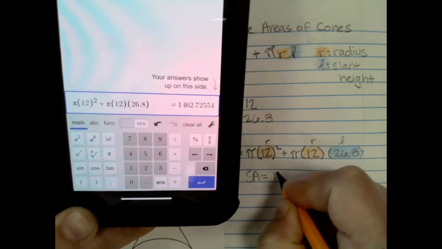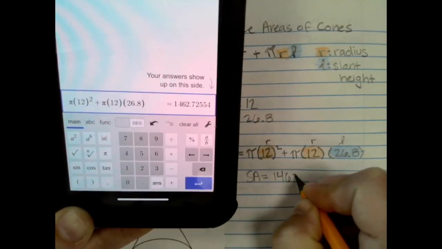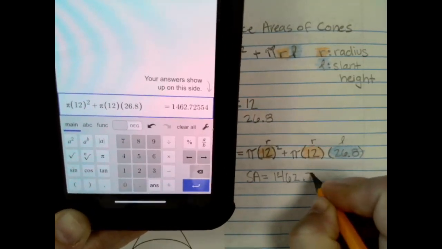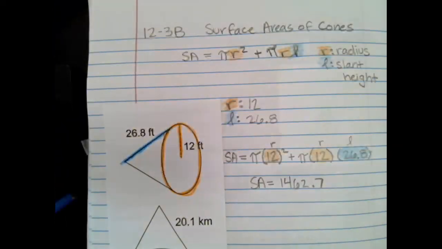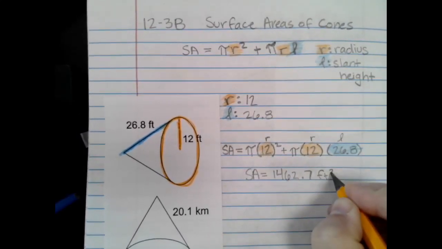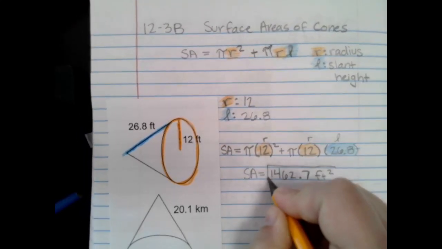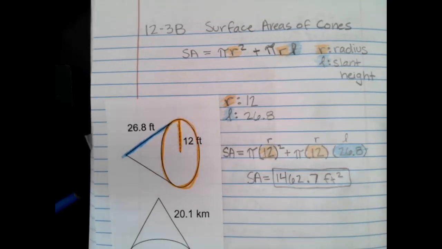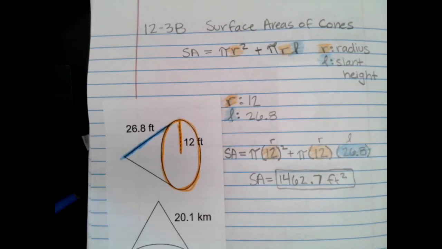Good, keep it at 0.7. So 1462.7. And we're still measuring area, so it'd be square feet. All right, pretty straightforward. Feeling good?